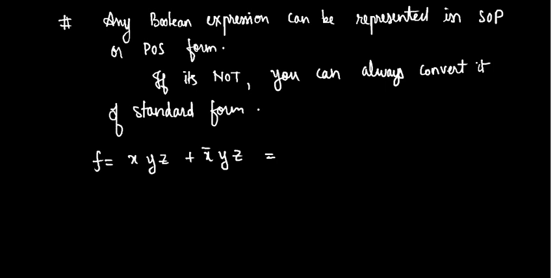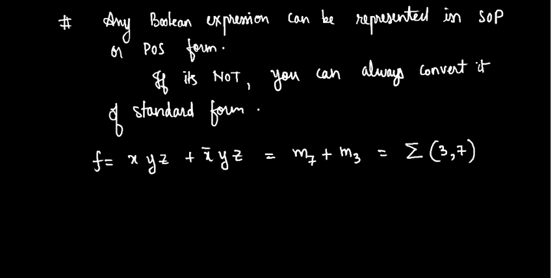It may also be expressed as m. Now you tell me the decimal equivalent of this. It's 111, so it becomes m7. Or you tell me for this, m3. Another way of expressing would be sum of 3, 7, or 7, 3. It doesn't matter. This is how you will get a problem.